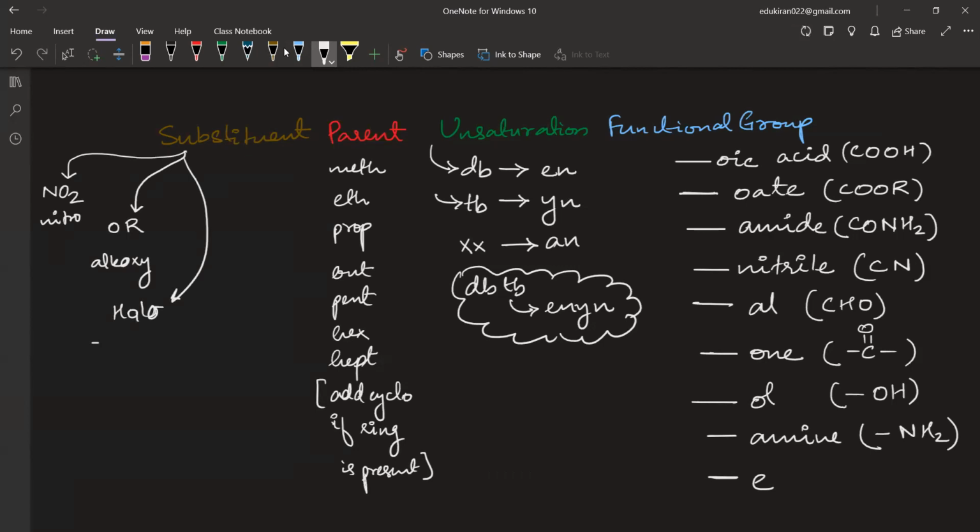So for halo, we start with fluoro, chloro, bromo, iodo. And there can be some alkyl group present, such as methyl, ethyl as a substituent, right? Alkyl.